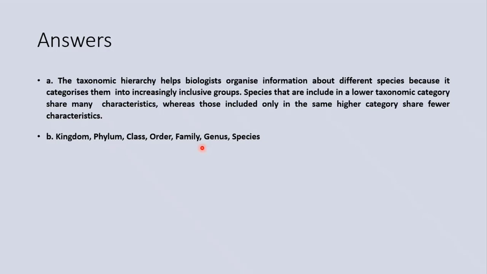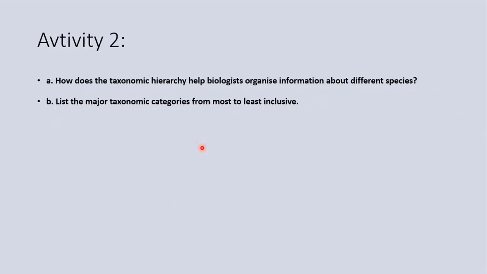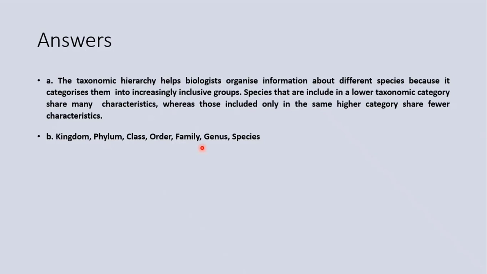Also, the answer to how does the taxonomic hierarchy help biologists organize information about different species is that it does help. Why? Because it categorizes species into increasingly broader groups. Species included in a lower taxonomic category share many characteristics, whereas those included in the same higher category share fewer characteristics.